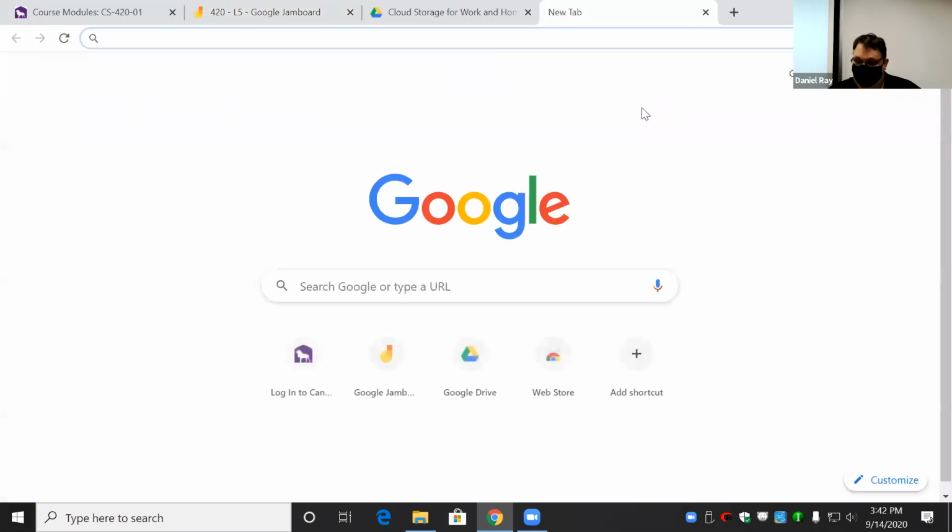Let me just show you this table from the section.